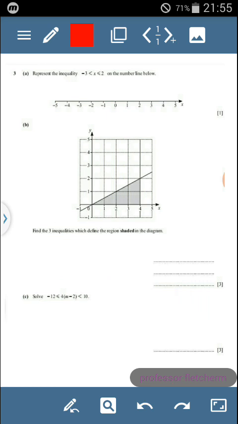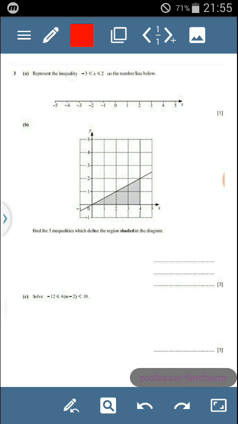So this one should be a very simple one. If you know your inequalities, minus 3 smaller than x, and also x is smaller or equal to 2.